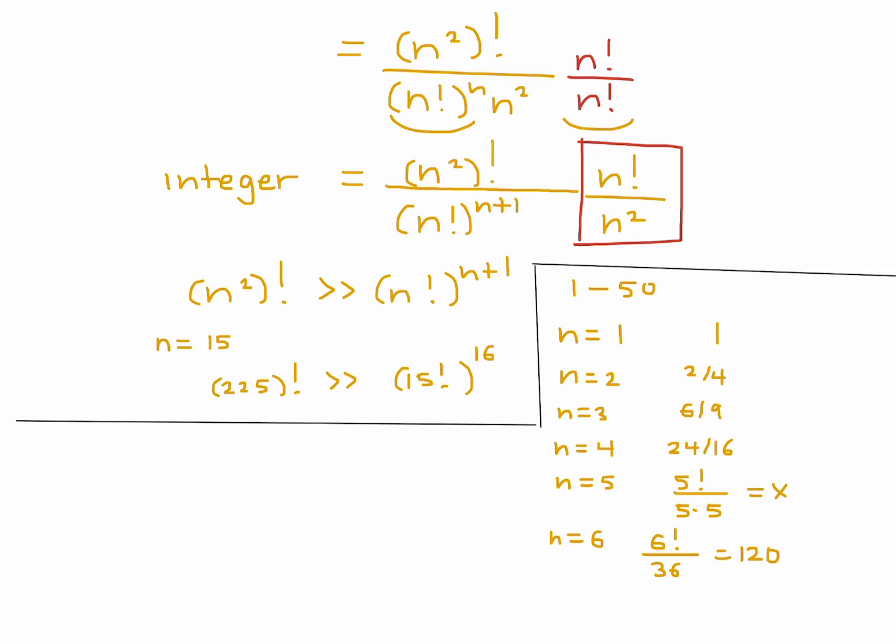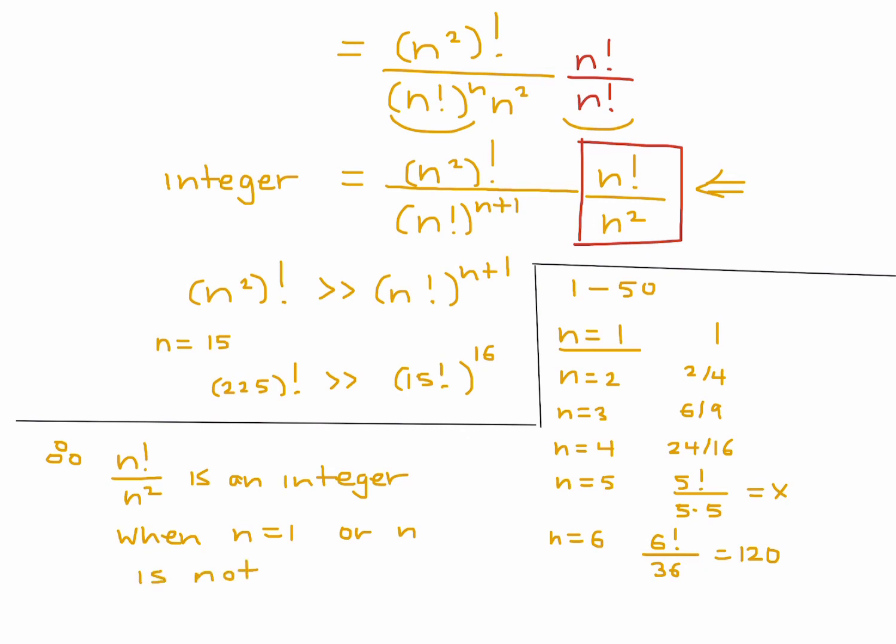And you can keep going like this. And when you do, you hopefully will come to a conclusion that this n factorial over n squared is an integer when n is equal to 1, like we showed here, or n is not equal to 4, right?